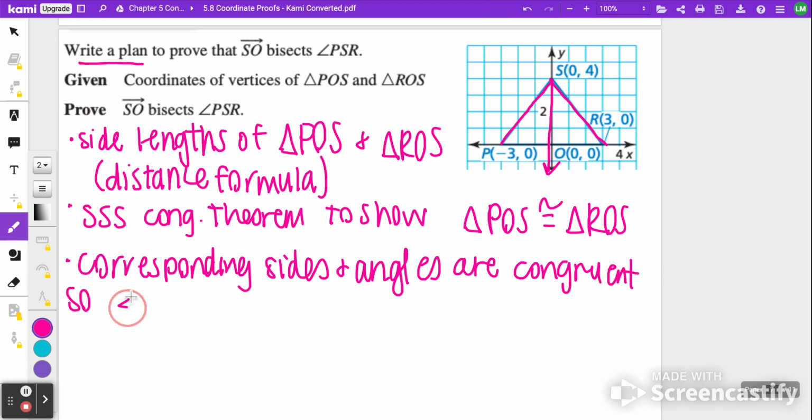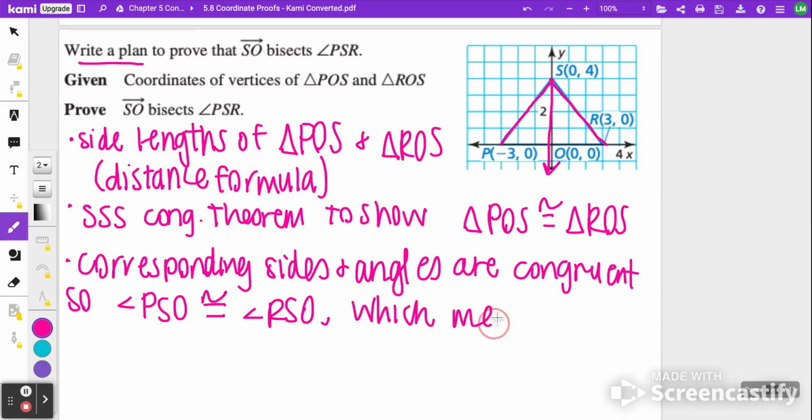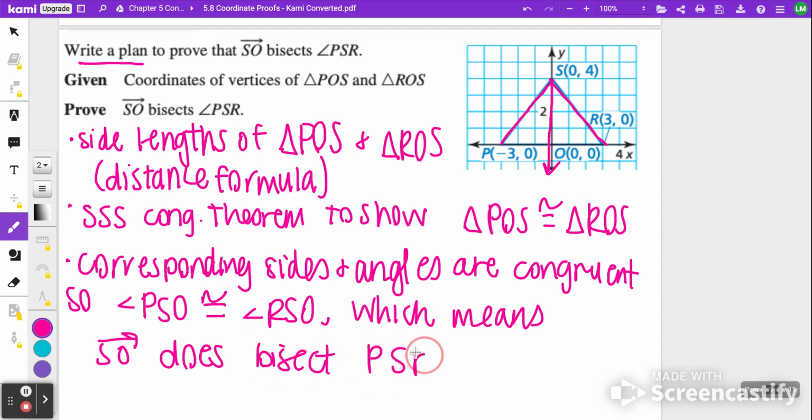So angle PSO is congruent to angle RSO, which means that ray SO does bisect PSR. Okay?